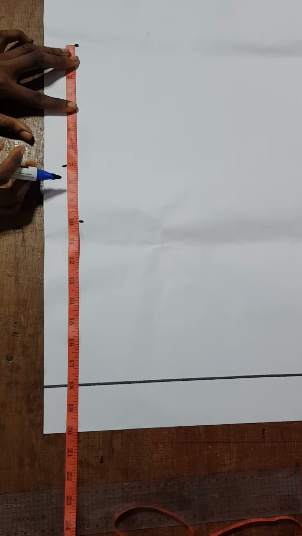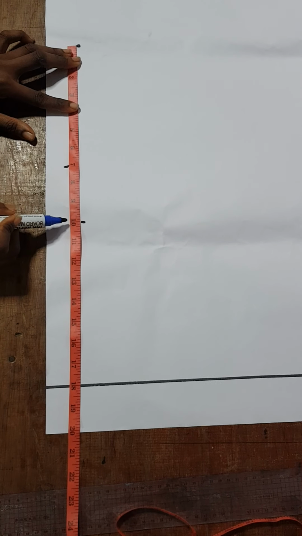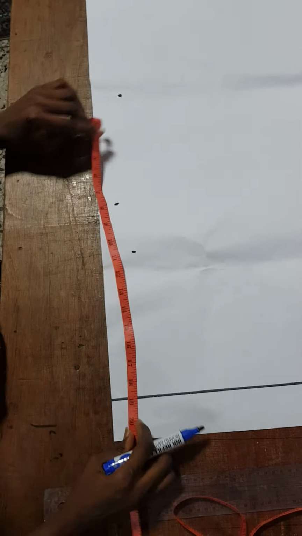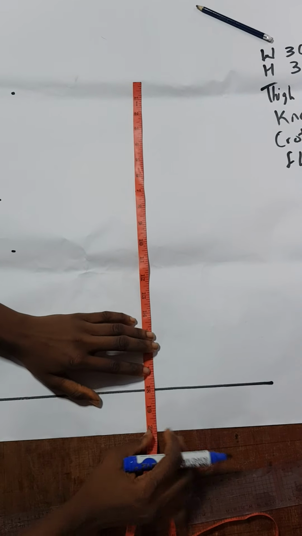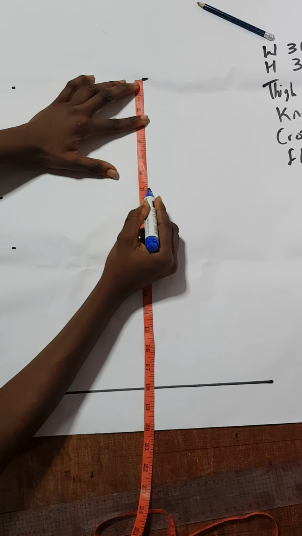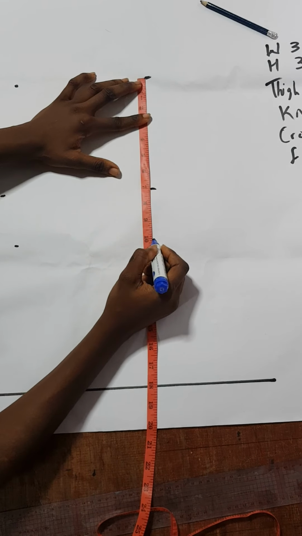To get my hip measurement, I'm going to subtract 3 inches from wherever point I have as my crotch length. Then I'll go in and take the same measurement so that I can rule and get a perfect straight line.